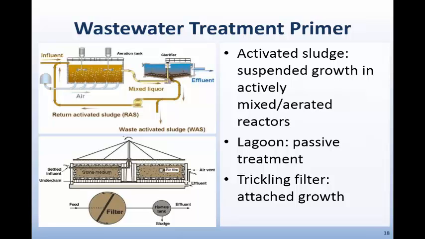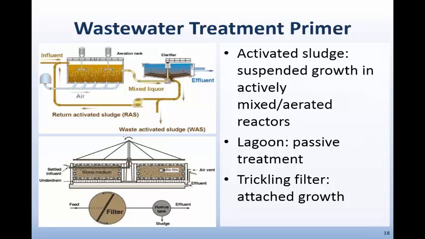The surface is usually somewhat aerobic, and then as you go deeper into the depth of the lagoon, it becomes more anoxic. Because lagoons generally have few or very minimal mechanical inputs, their footprint is usually larger than that of a comparatively sized capacity activated sludge system. And then trickling filters are depicted in the bottom left figure. A trickling filter is probably the most common example of attached growth processes historically used at wastewater treatment plants.